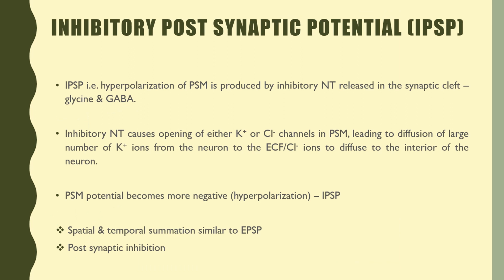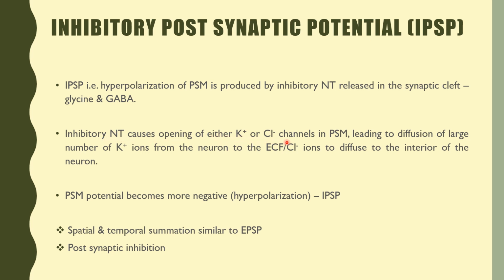So similarly, the difference between the EPSP and IPSP is that in EPSP, the neurotransmitter released was glutamate and aspartate, but in the case of the IPSP, it is glycine and GABA. So what happens over here in the IPSP is the inhibitory neurotransmitter will cause the opening of either the potassium or the chloride channel.